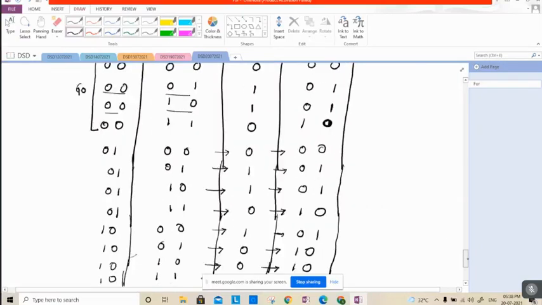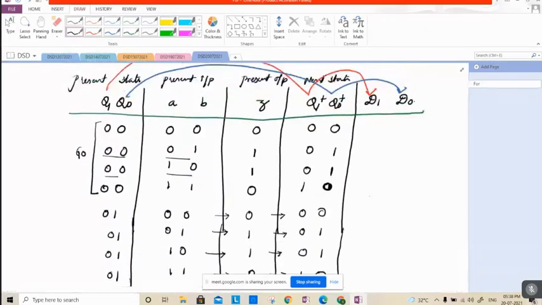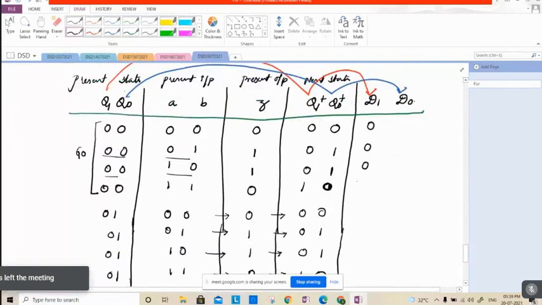Right, okay, perfect. Now D1 will be equal to Q1 plus straight away, D0 will be Q0 plus.